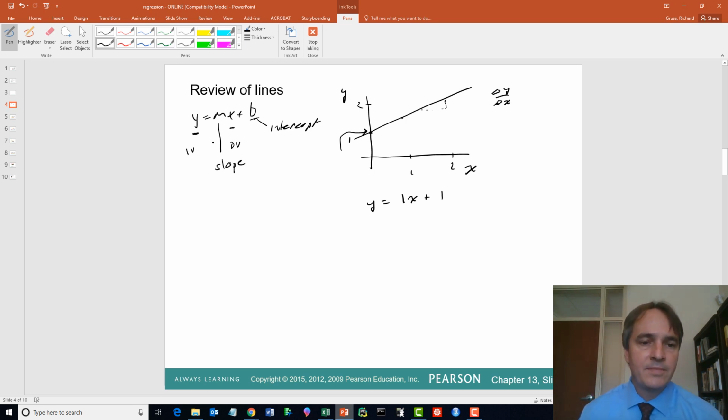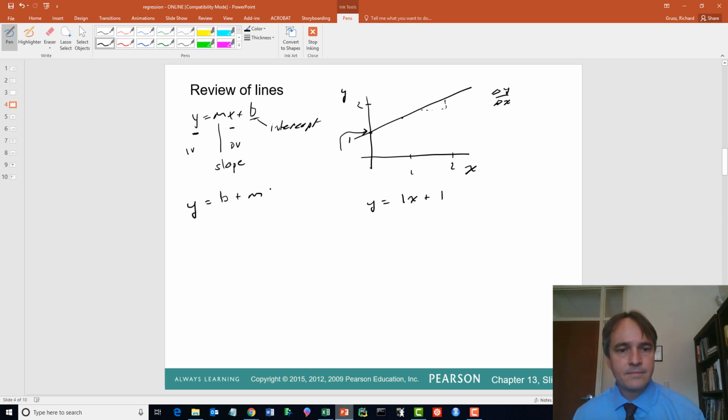As a way of introducing the regression notation, I'm going to just rearrange this equation a little bit, and we'll put the intercept first. I'm also going to add to this.